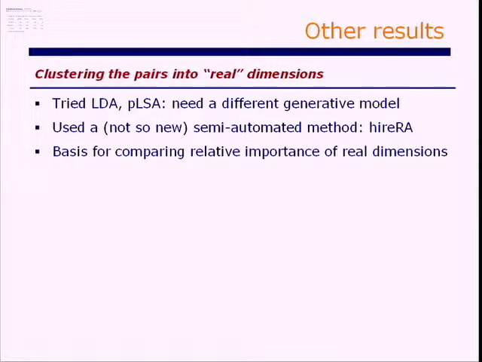This was actually an interesting process, because through not being able to do this in an automated way, we realized that they're all based on a different model of generation of content. These topic clustering methods assume that two dimension modifier pairs are more likely to correspond to the same topic if they occur frequently together in the same documents.